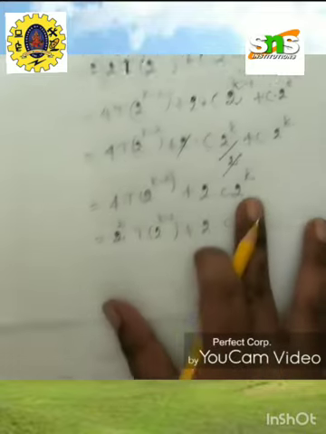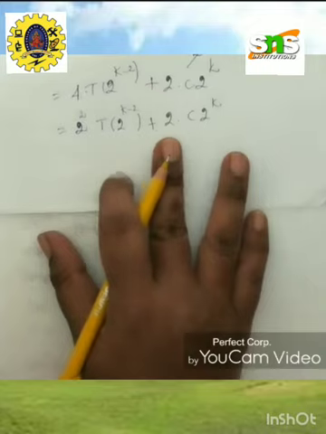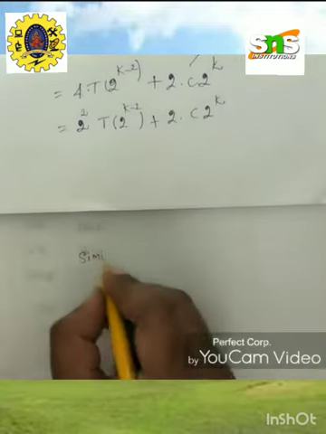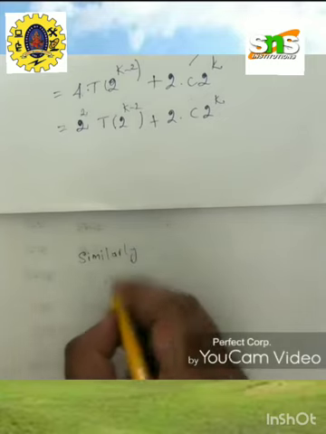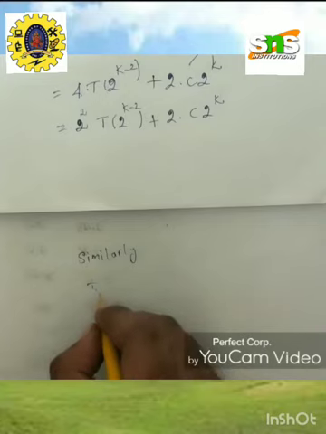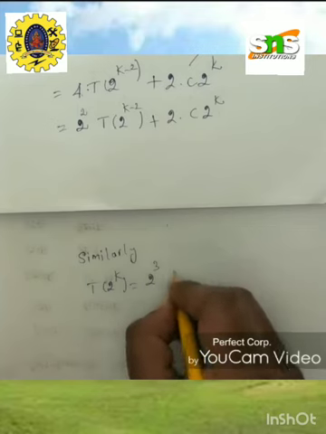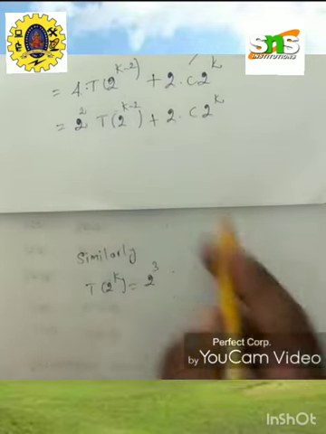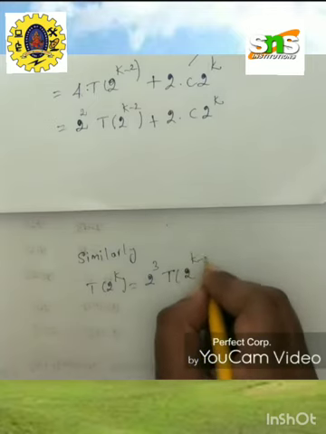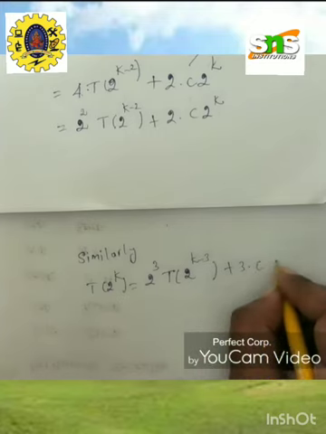So I continue with this. Similarly I can write it for 2 power 3: T of 2 power k is equal to 2 power 3 T of 2 power k minus 3, plus 3 dot c dot 2 power k.